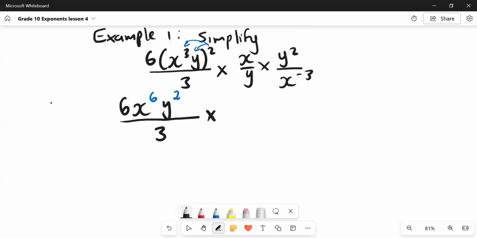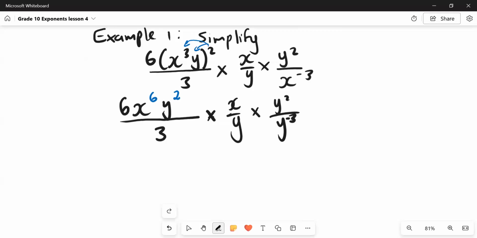And then you have your x over y times y squared over y negative 3, right? This part here is the same as 1 over y to the power negative 3, and we said this is law number 7.